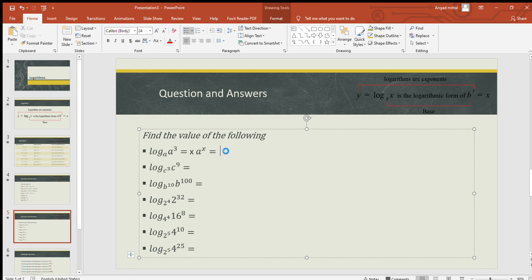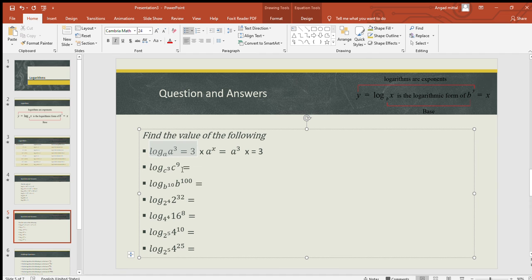So a raised to the power x is equal to a raised to the power 3. Now, as the bases on both sides are the same, we can drop the bases. So it becomes x is equal to 3. Therefore, the value of this question will be 3. You can cross check it by converting this equation into an exponential form, and the exponential form will be a raised to the power 3 is equal to a raised to the power 3.